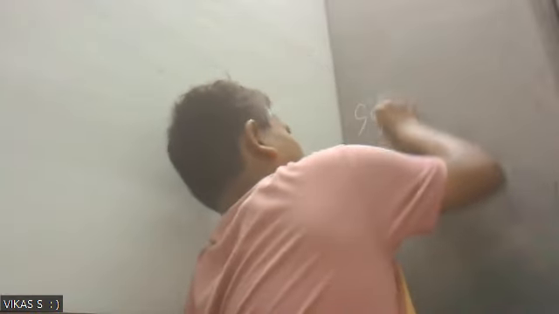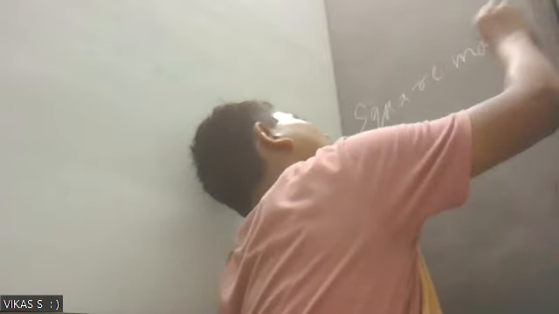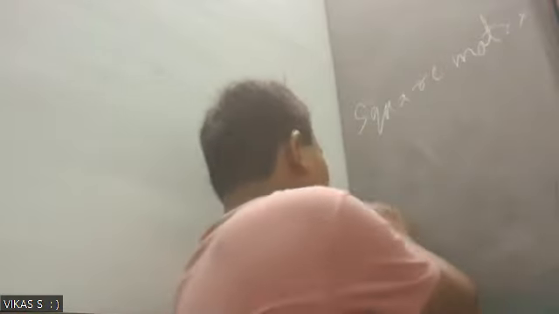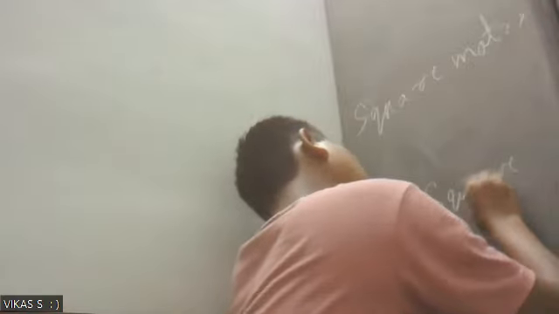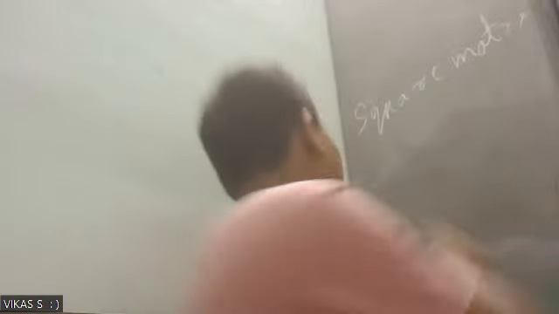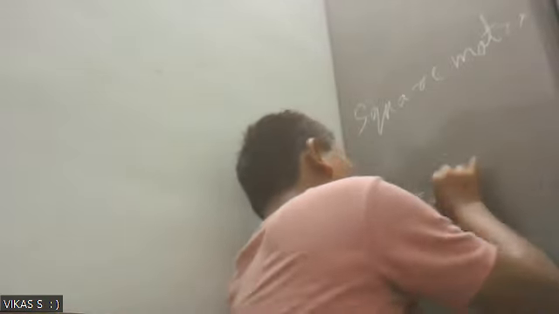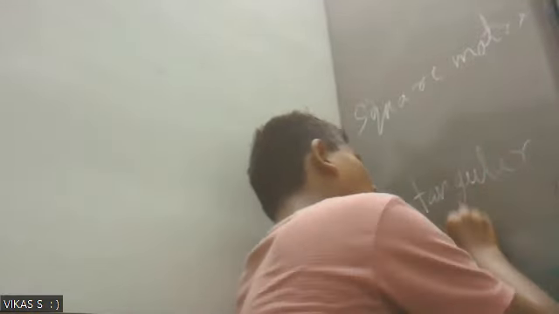Basically, there are two main types of matrix: the square matrix, and the non-square matrix. Non-square is not the perfect term, but this is for your understanding; the real name is rectangular matrix.